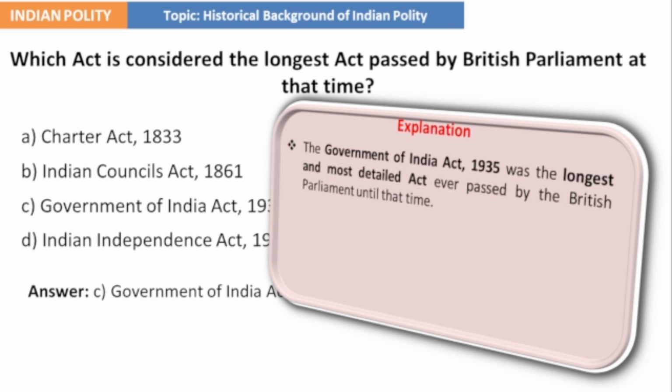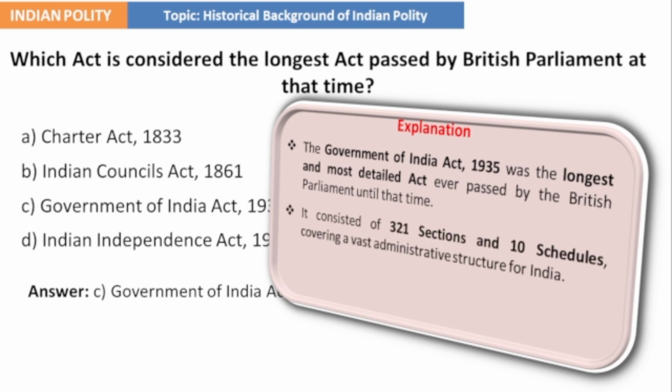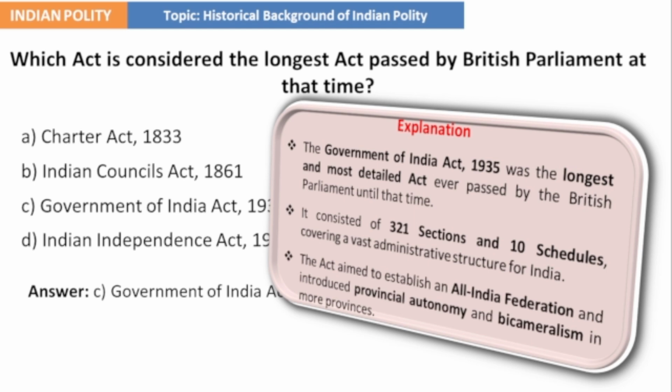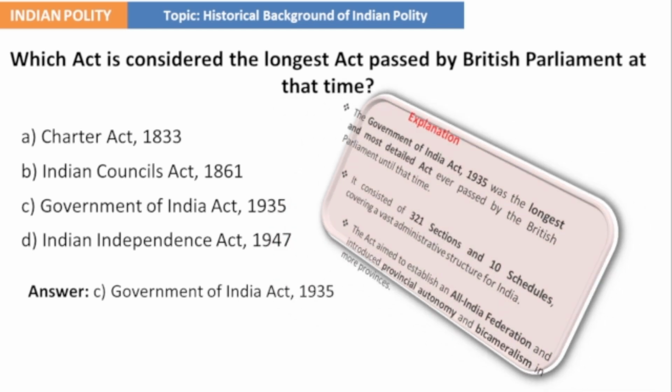The Government of India Act 1935 was the longest and most detailed act ever passed by the British Parliament until that time. It consists of 321 sections and 10 schedules, covering a vast administrative structure for India. The Act aimed to establish an all India federation and introduce provincial autonomy and bicameralism in more provinces.